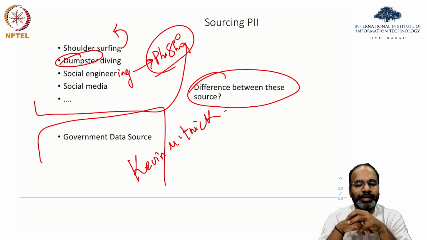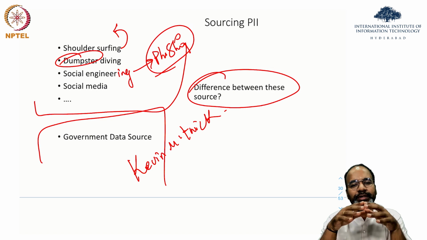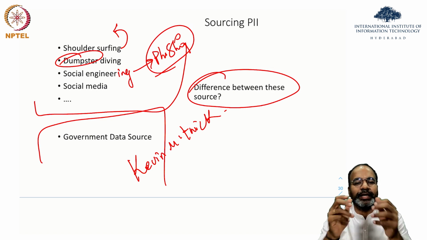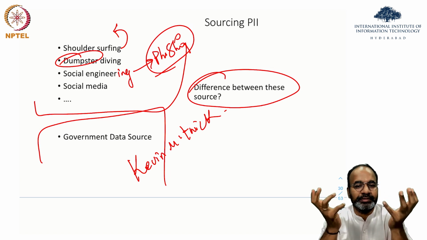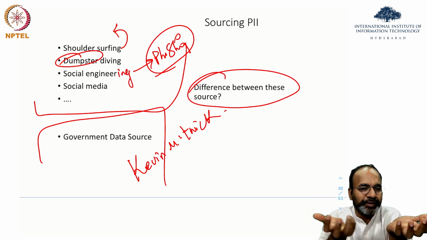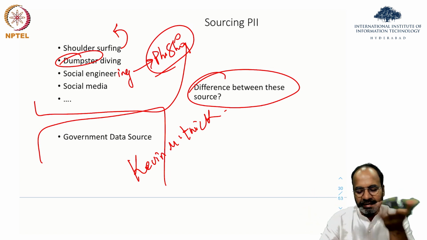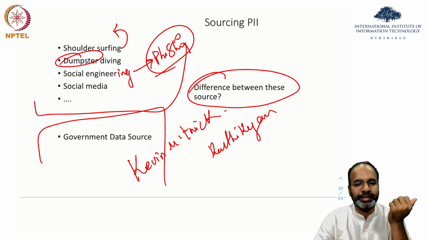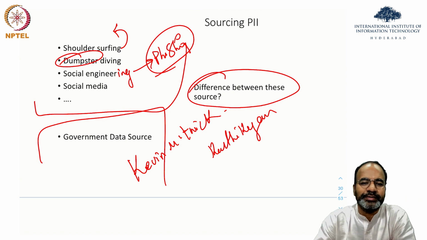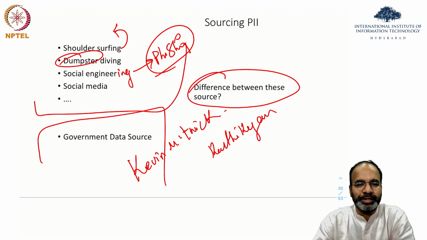Whereas the one at the bottom, the government data source, is phenomenally reliable. If I get access to your driver's license with your name on it, there's nothing that can be wrong in that information. Whereas if I go to a profile of, let's say, Karthikeyan, I don't know which Karthikeyan this is. I don't even know whether Karthikeyan exists in the real world with that profile picture and that face.